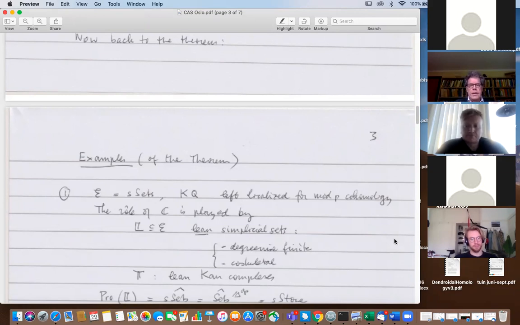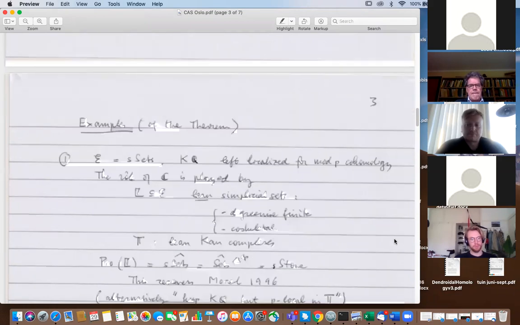And then you get a model structure on pro of L, but pro of L turns out to be the category of simplicial profinite sets, or simplicial Stone spaces. And in this way, you recover the model structure of Fabien Morel.